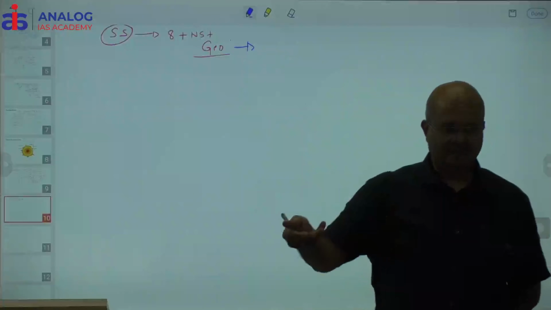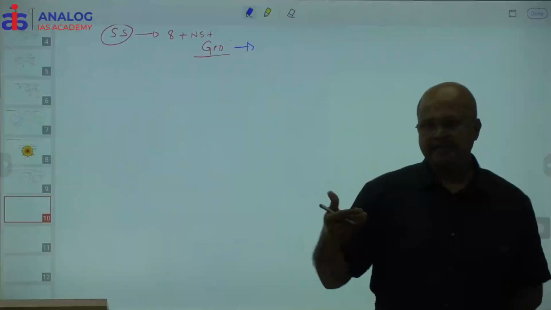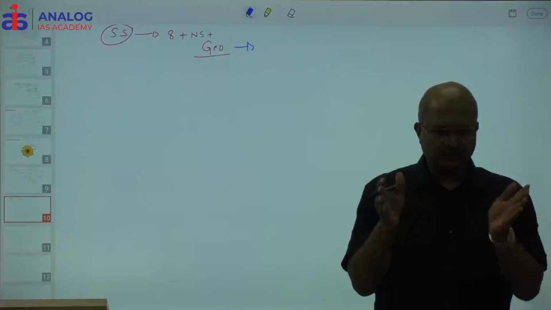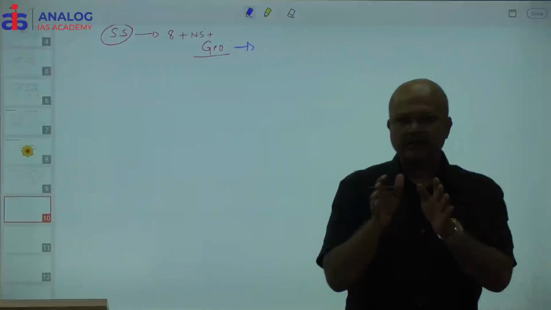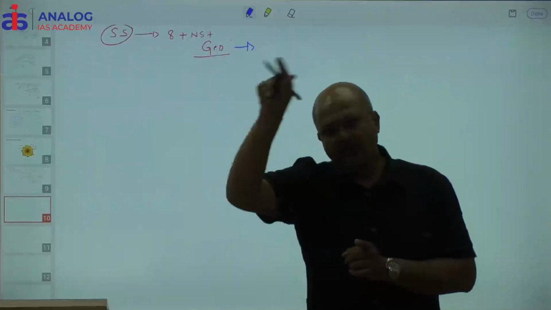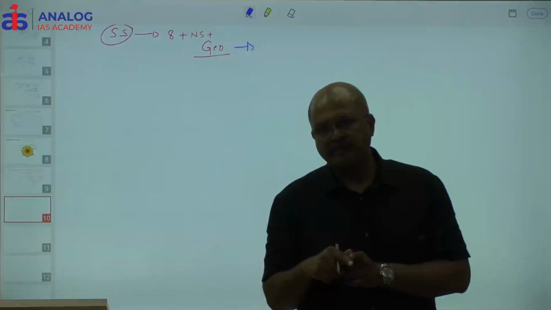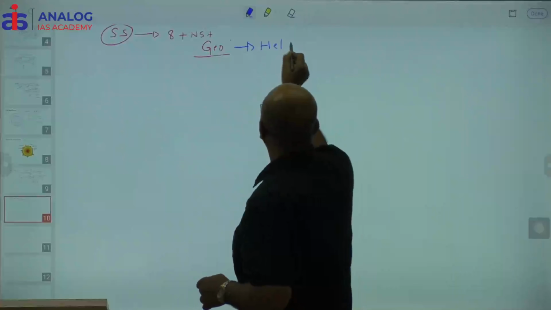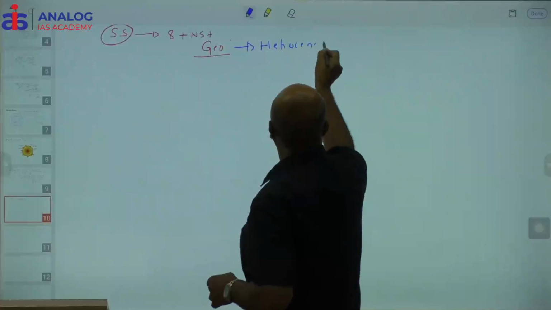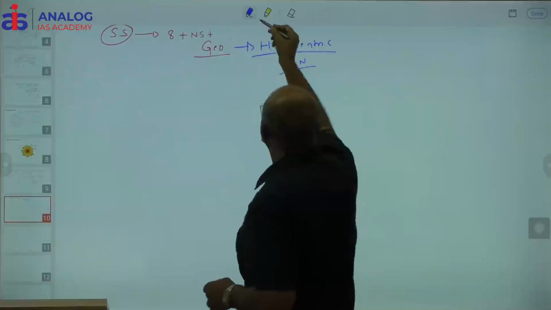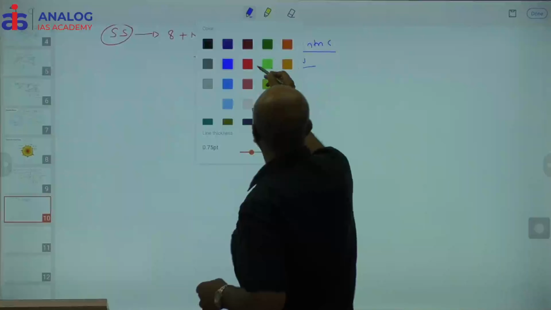Now with the Renaissance and improvement in science, Copernicus proposed that it is not geocentric. Sun is at the center, and all other planets are revolving around it. That is called heliocentric.